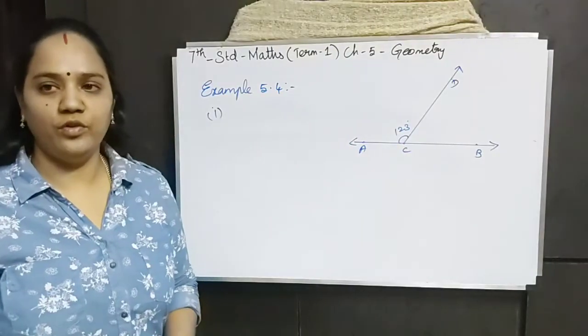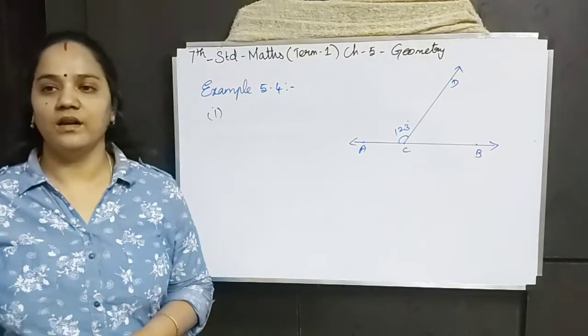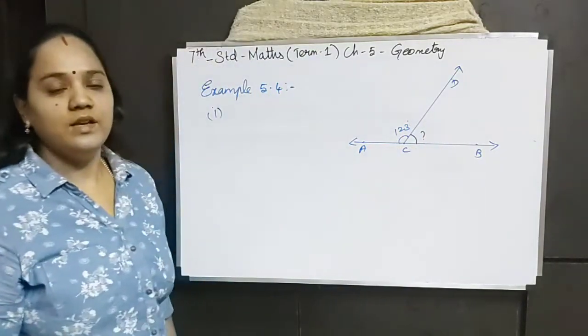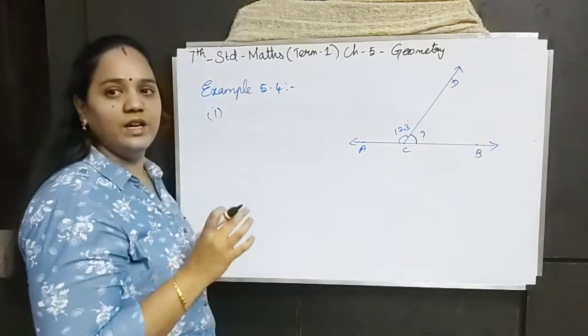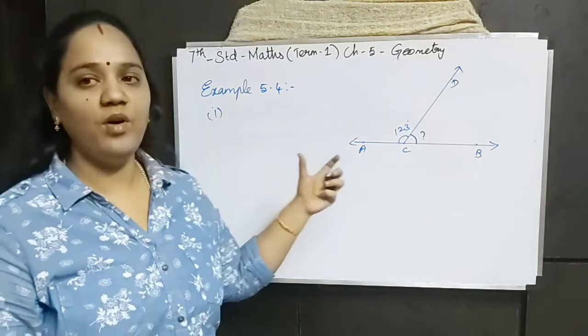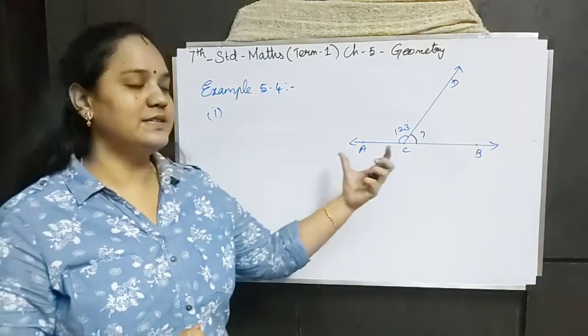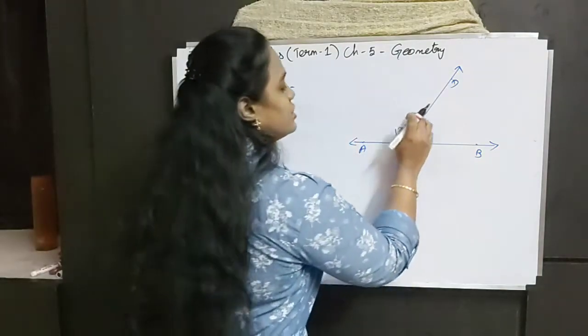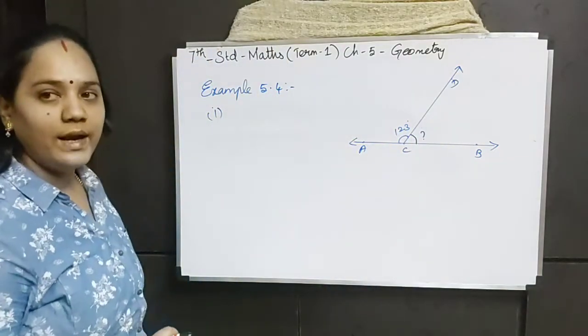Example 5.4: find the missing angle. So here the missing angle is this one, right? Now we have learnt one property, that the sum of the angles in a straight line is 180 degrees. So adding these two angles will give us 180 degrees.